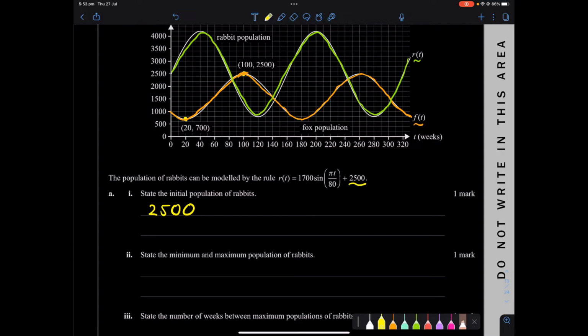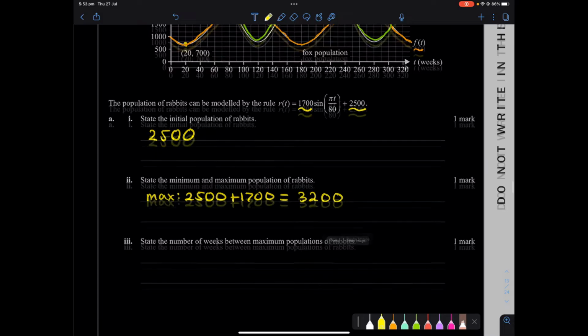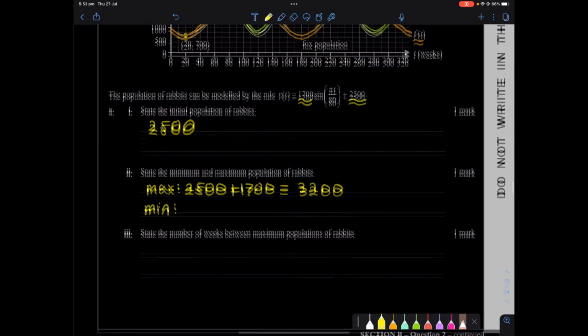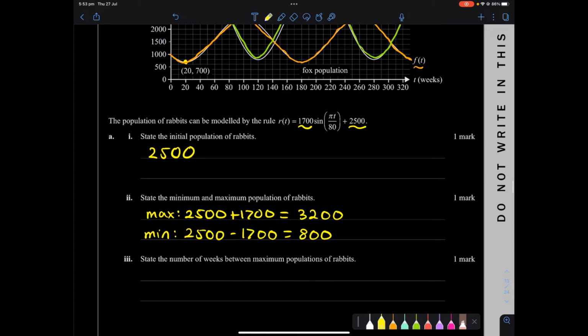So if we add for the max, the max is 2,500 plus 1/7, which equals 3,200. And your minimum is 2,500 minus 1/700, which is 3,800. Okay, that's it for that one.